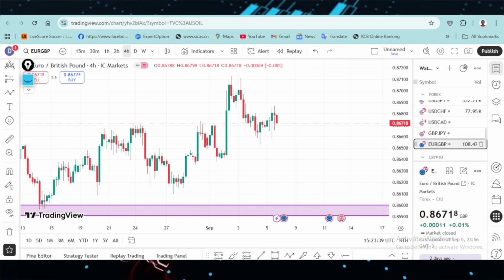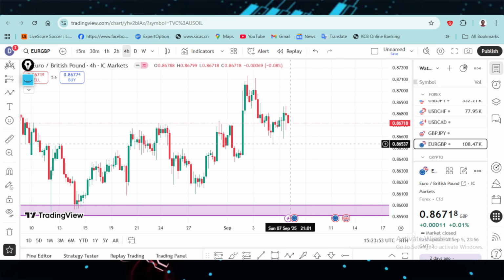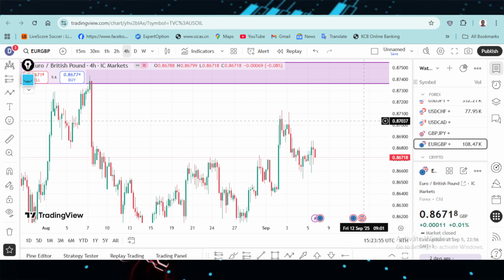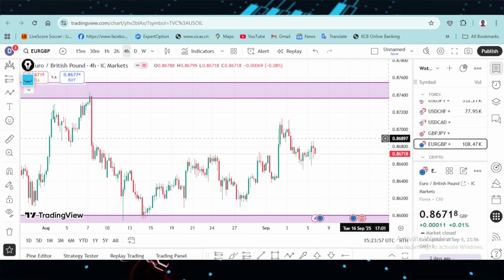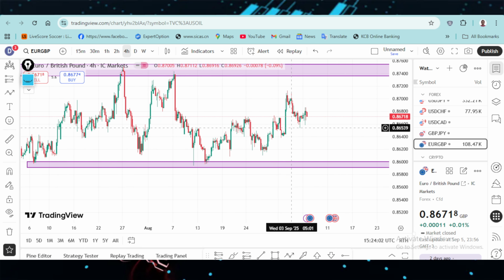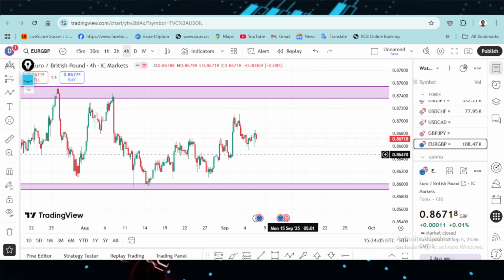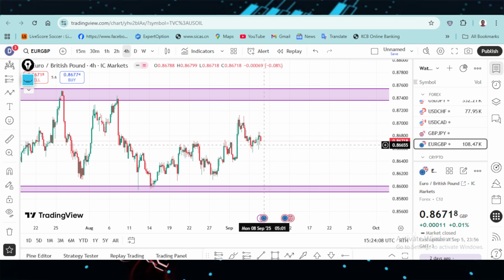We talked about EUR/GBP. As you can see here, euro and pound, which one is strong? Euro is strong, pound weak. What shall we do? We buy euro and we sell pound. Then what's going to happen here? Obvious. Now we are inside a trading channel, and the market is already halfway.